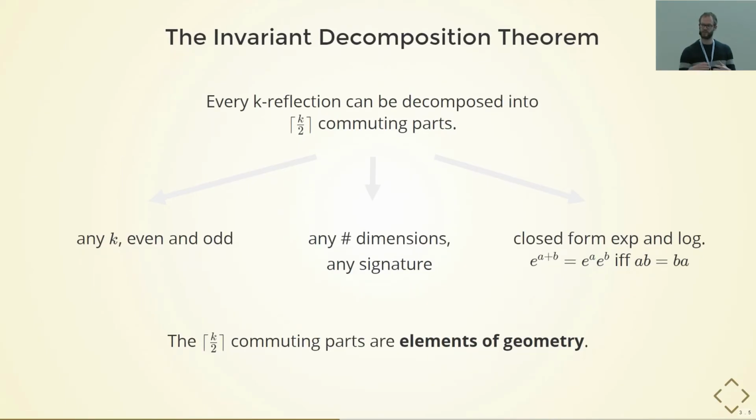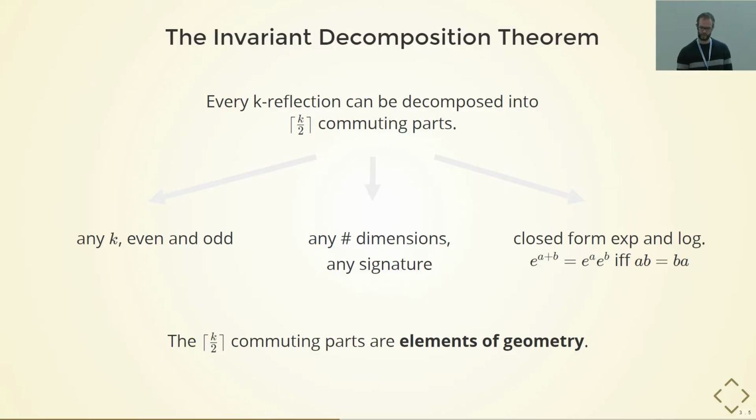So we can actually generalize this idea now, and that's called the invariant decomposition theorem. So every K reflection, every product of K reflections, can be decomposed into ceil K over 2 commuting parts. And if done this way, it works for even and odd K in any number of dimensions and with any signature.